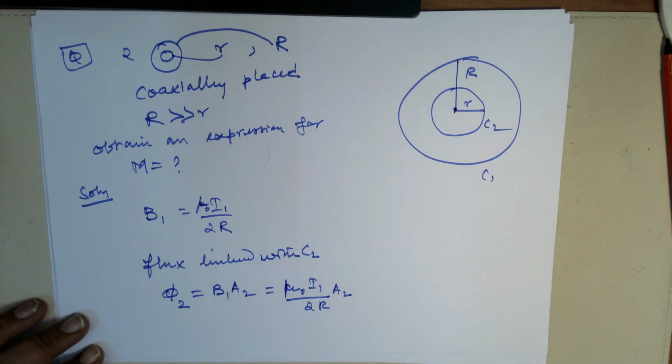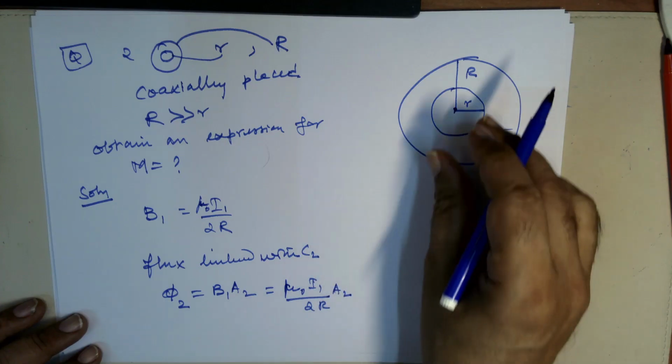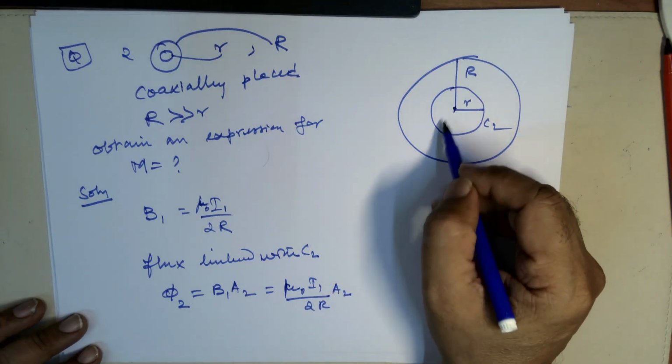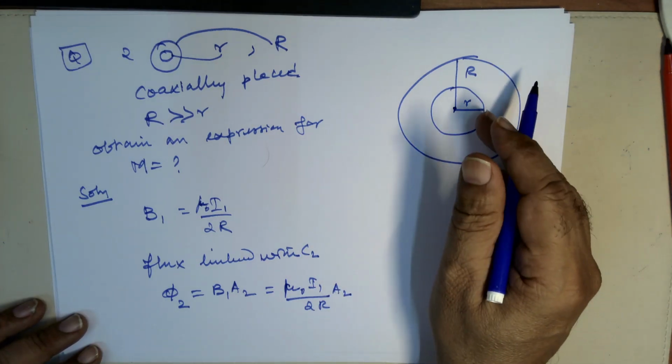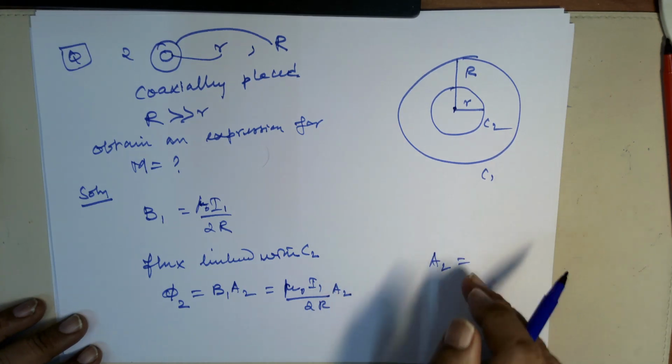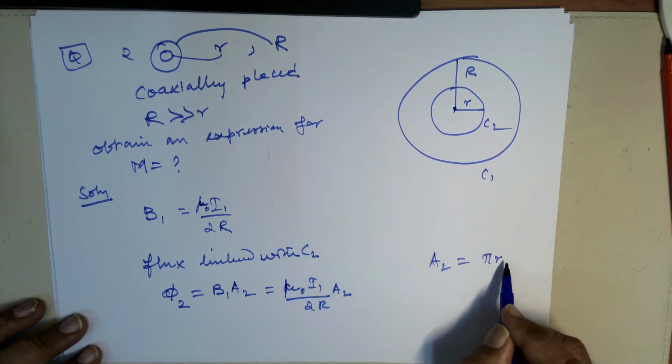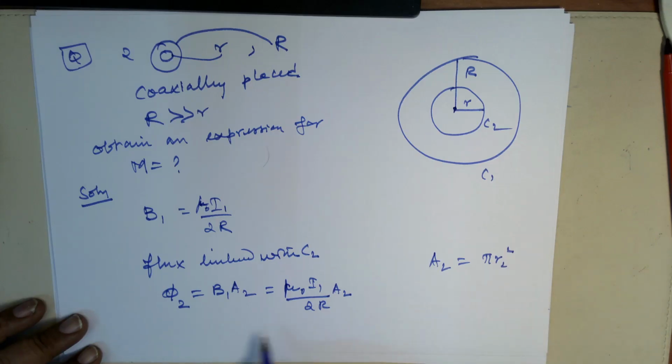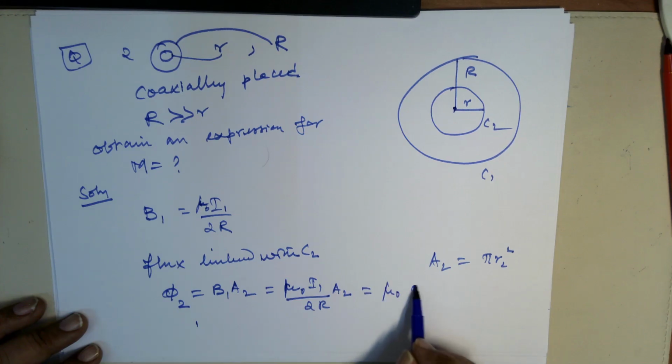And what is this A2, the area of the second coil? Is it not pi r square? A2 is the area enveloped by the second coil. So you can replace this as mu naught I1 divided by 2 capital R into pi r square.